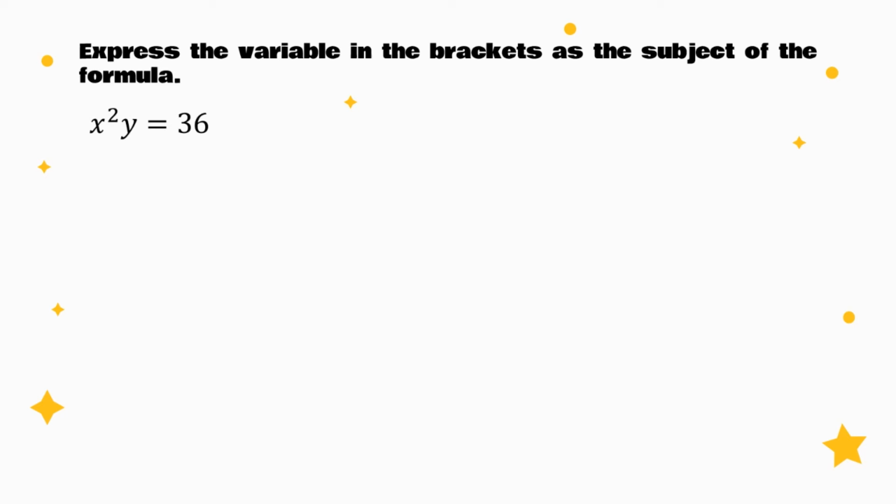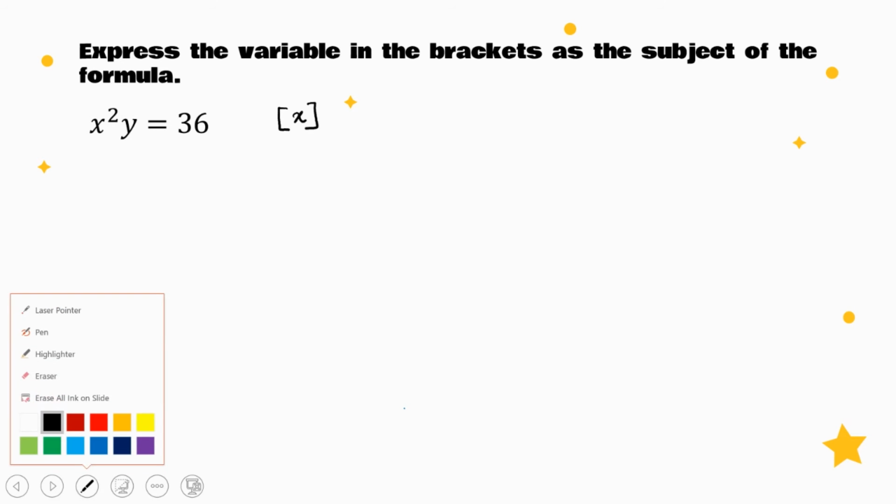Express the variable in the bracket as the subject of the formula. This question looks a little bit difficult. For this question, they want x to be the subject. So x is already at the left hand side. Now we separate y.